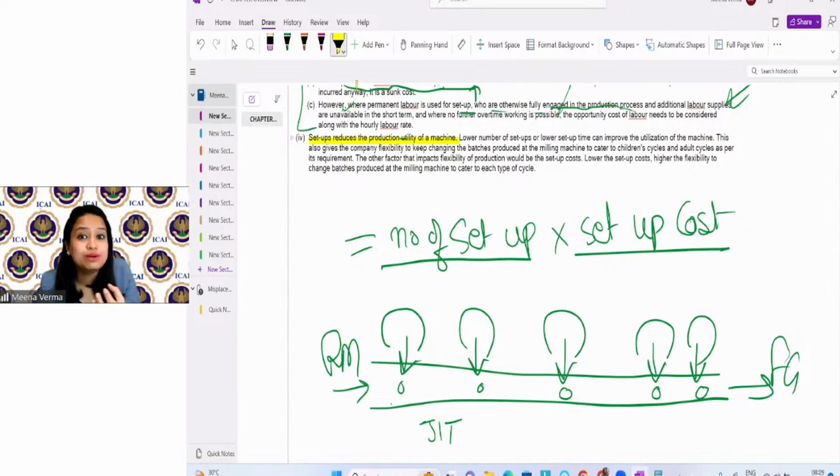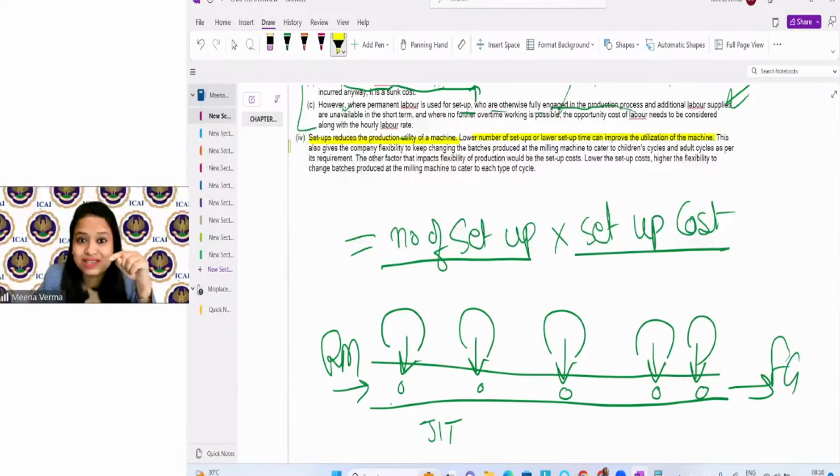You are not using the machine in the best possible way when there are setups, right? Instead, we should have a continuous production process like we have in cellular or just-in-time system. So setup reduces the production utility of the machine. Lower number of setup can improve the utilization of the machine.